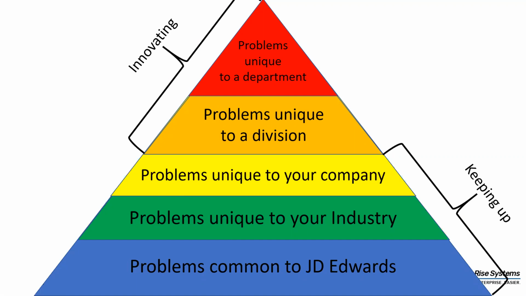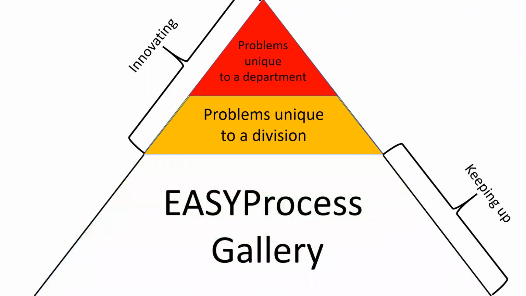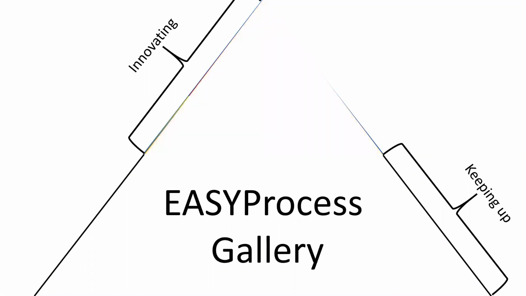And we think EASYProcess, at its start, and EASYProcess isn't relatively new, but the EASYProcess Gallery is, where if we could have a baseline of shared applications that are common to JD Edwards and common to industries, that we could automatically put out and make available to people, right? And you just need to focus on innovating to the point in which, as this grows and matures, we can even take care of that part of the triangle as well.